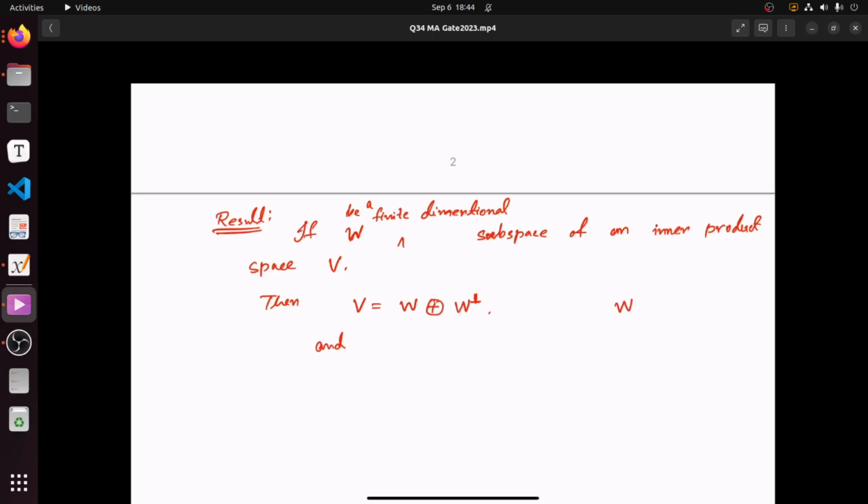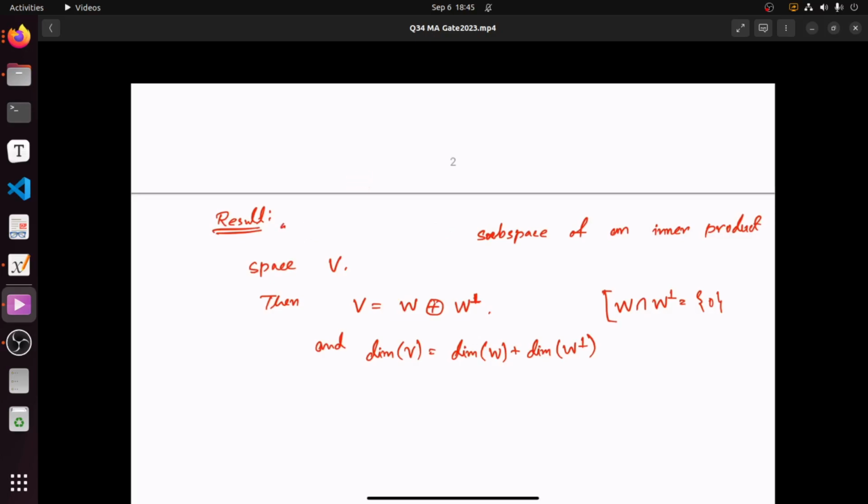Direct sum means that W intersection W perp is just the zero vector, and the dimension of V is the dimension of W plus the dimension of W perp.